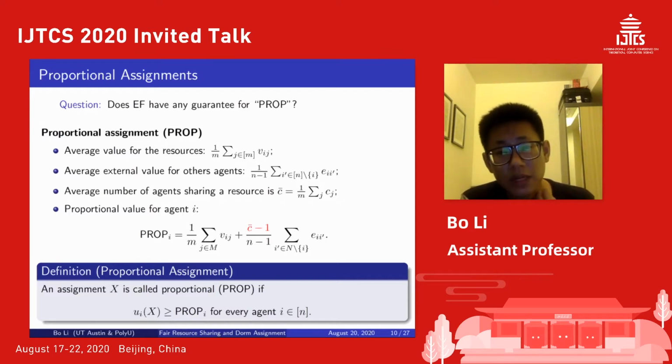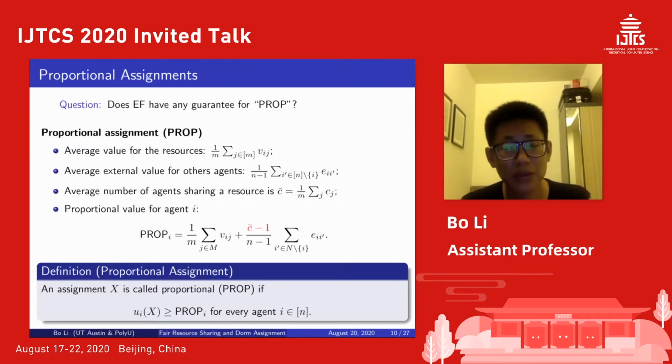What about the average external value? We just sum all the external values up for agent i and divide it by n minus 1, because we need to exclude agent i herself. And the average capacity, the average number of agents sharing a resource, is C bar. C bar is the summation of all the capacities divided by m. So this is the average capacity.